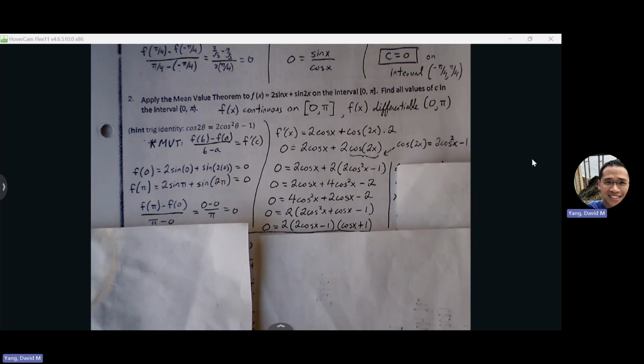So 2 cosine x minus 1 times cosine of x plus 1. We can ignore the 2. The 2 is not going to produce any critical points for us. So we set 2 cosine x minus 1 equal to 0, and cosine of x plus 1 equal to 0. And then after we find our critical points, we have to make sure that we can find all the solutions inside the interval from 0 to pi.